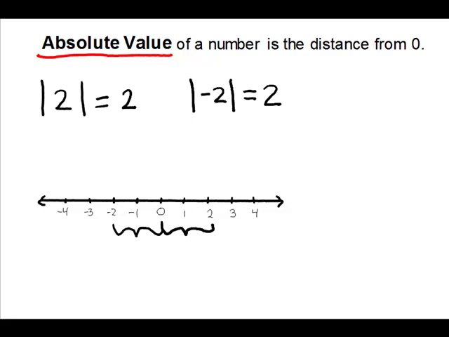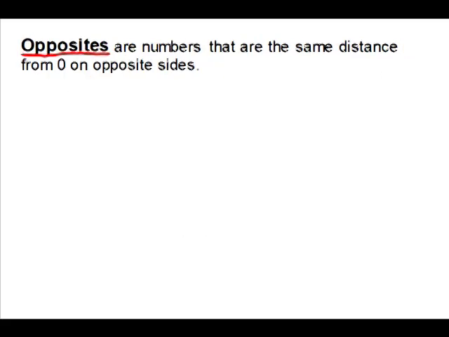The only exception to that is if we look at the absolute value of 0. If you're at 0 and you want to know how far away it is, you're already there. So it's going to equal 0, and 0 is not considered positive or negative.